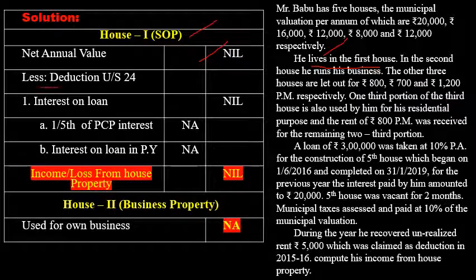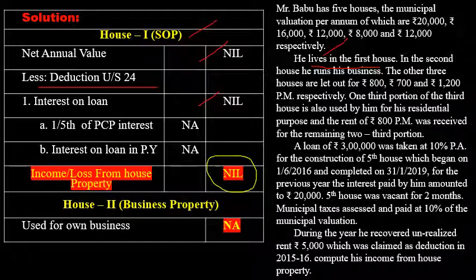Next, less deduction under section 24, interest on loan. No loan details are given for the first house, so it is considered nil. So there is no income and no loss in the case of the first house. Then we go to the next house, the second house.